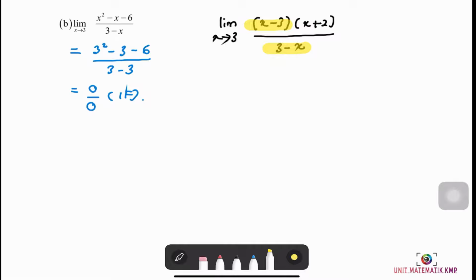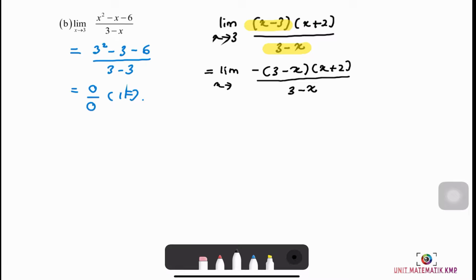So we need to modify the numerator a bit. We will have the limit of minus (3 minus x)(x plus 2) over 3 minus x, and x approaches 3.